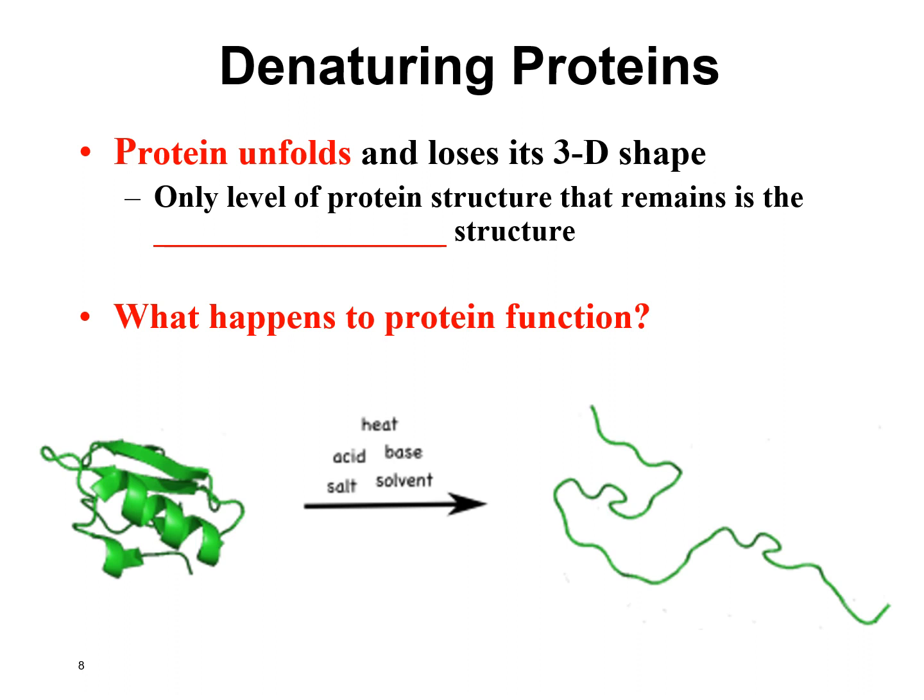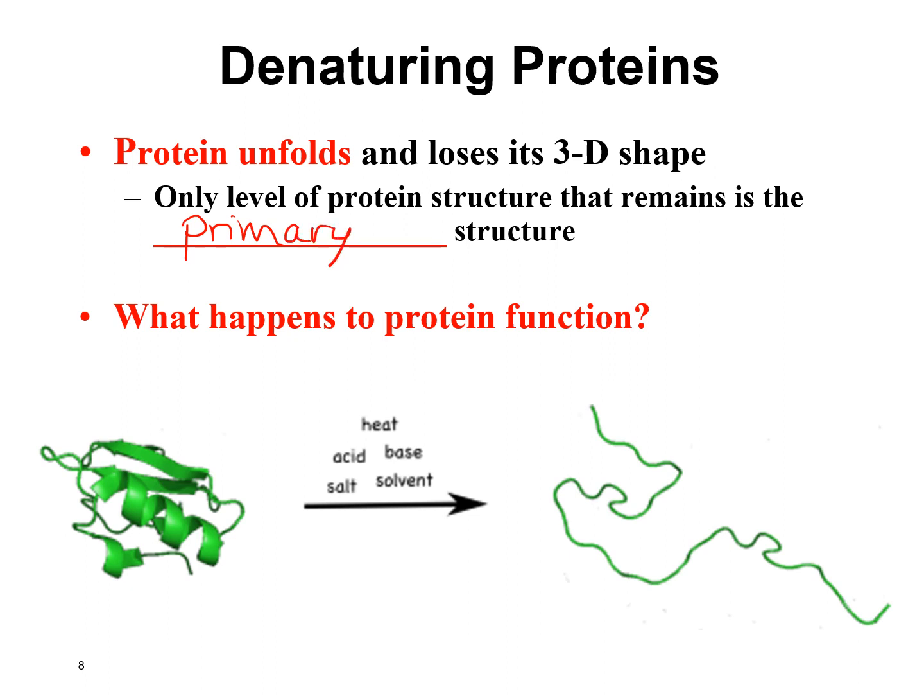And if you look at this three-dimensional shape over here, and maybe we heat this protein up and denature it, the only level of protein structure that's left would just be the primary structure.